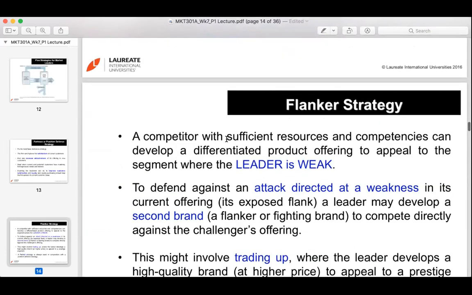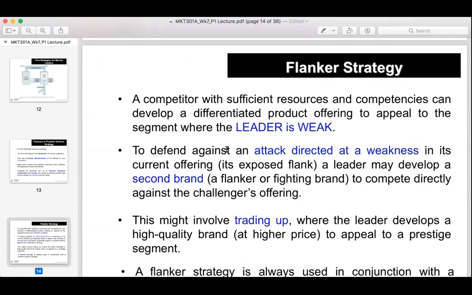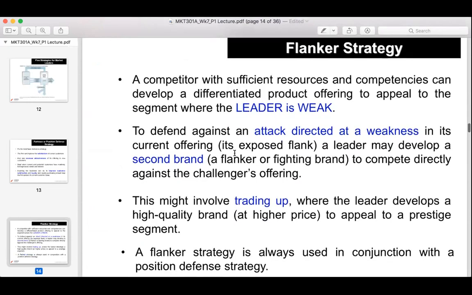Flanker strategy is basically adopted where the leader is weak, to defend against an attack directed at the weakness. In its current offering, it has an exposed flank, so a leader may develop a second brand.